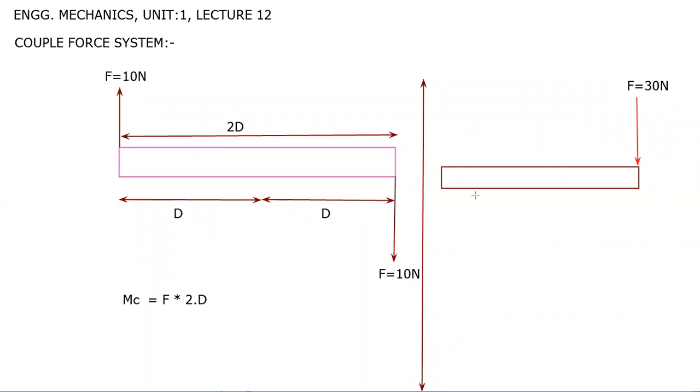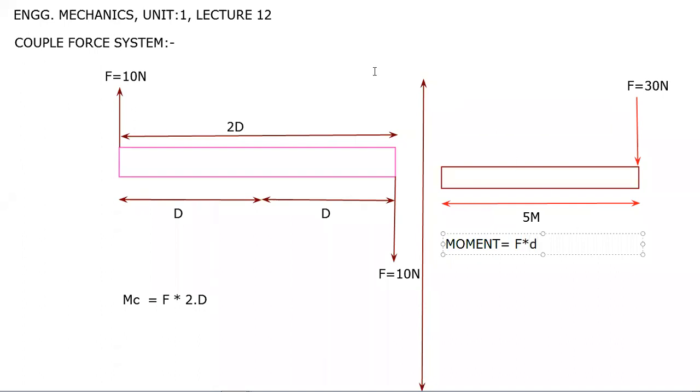And let's suppose that this distance is 5 meter. Then in this case the moment will be 30 multiplied by 5, that is F multiplied by D.